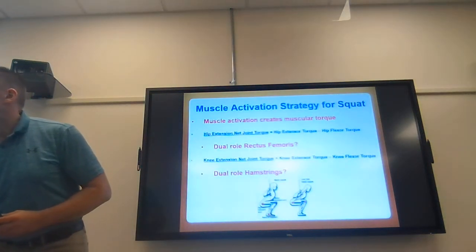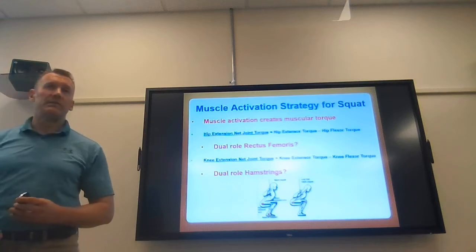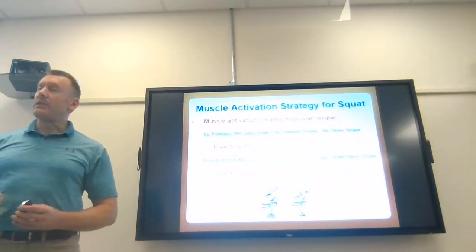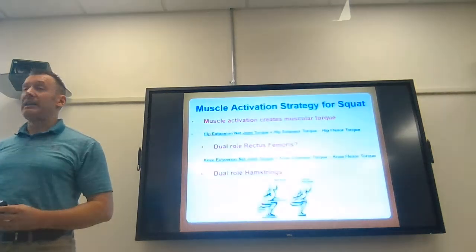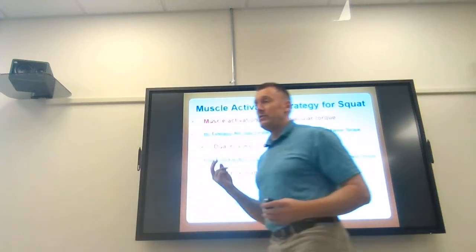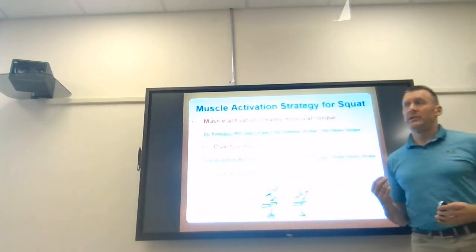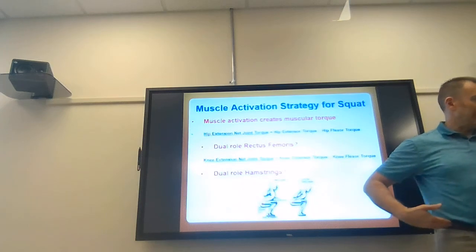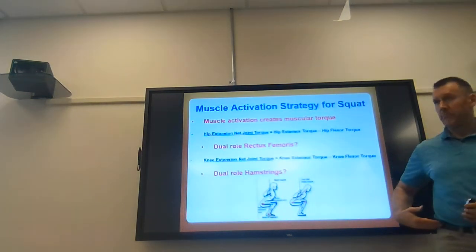Yeah, it's an extensor. So the rectus femoris is part of the quadriceps. It's the only muscle of the quadriceps that has action at two joints. So in addition to extending the knee joint, the rectus femoris flexes the hip joint.